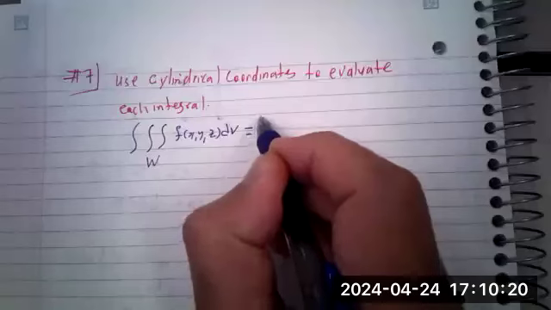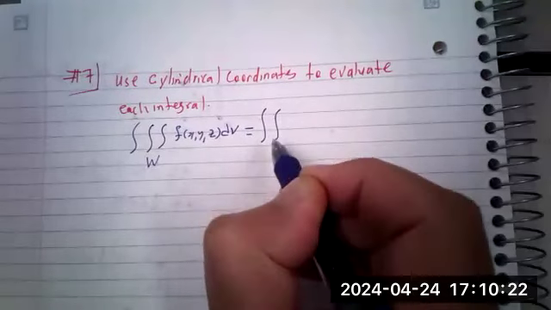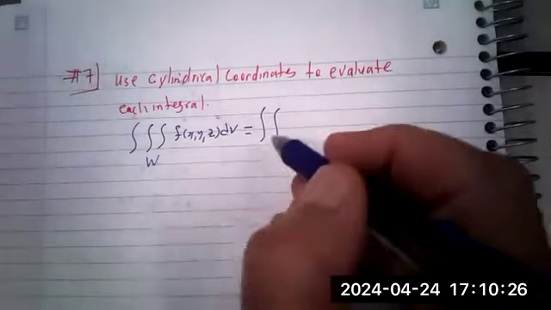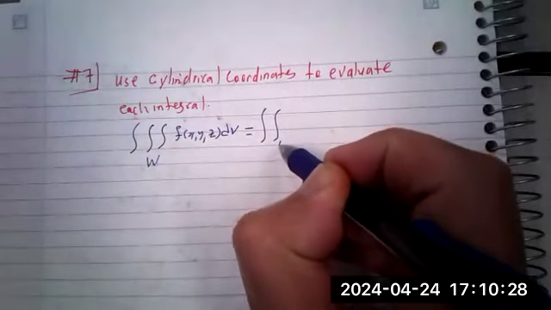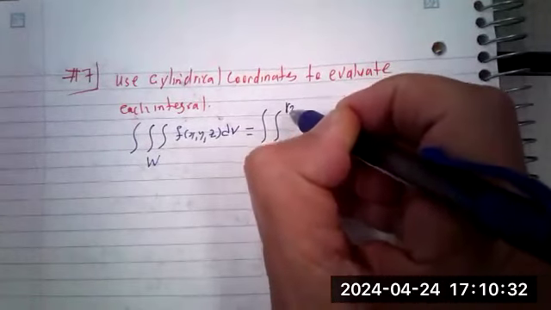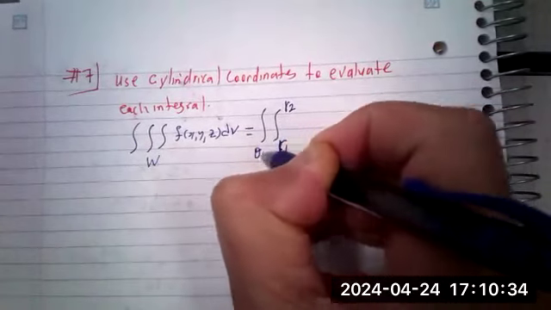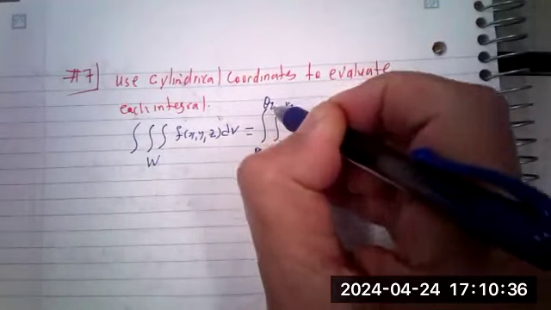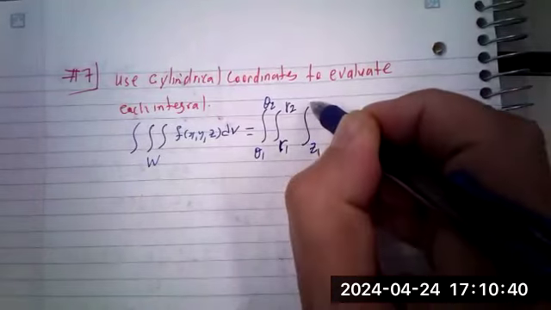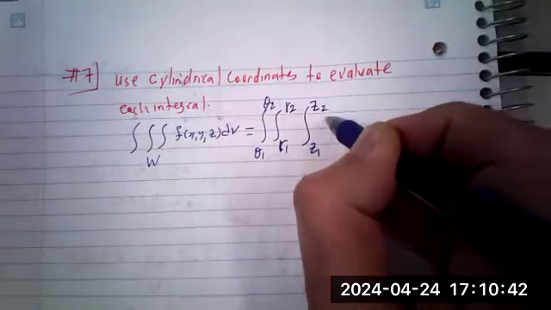So you are going to have a two-dimensional region in r and theta. Your r would be between r1 and r2, and theta between theta 1 and theta 2. Z would be fixed, between z1 and z2.